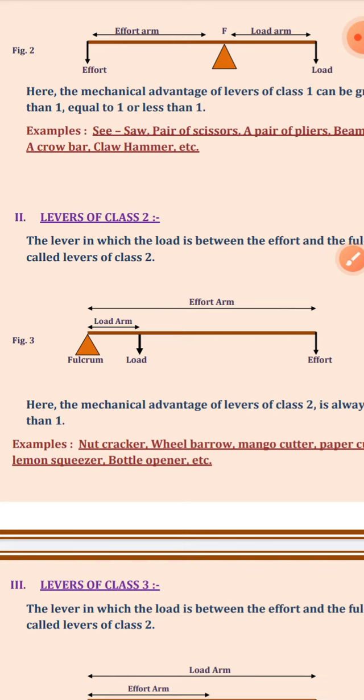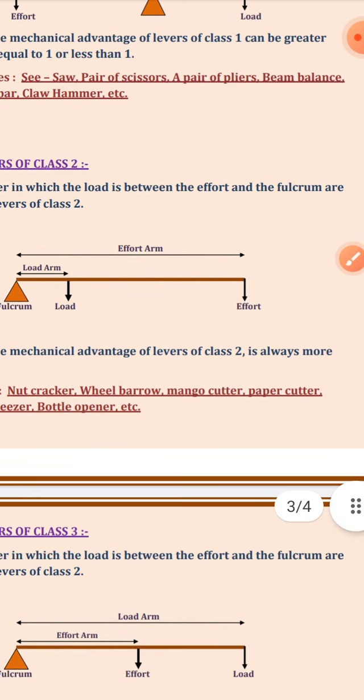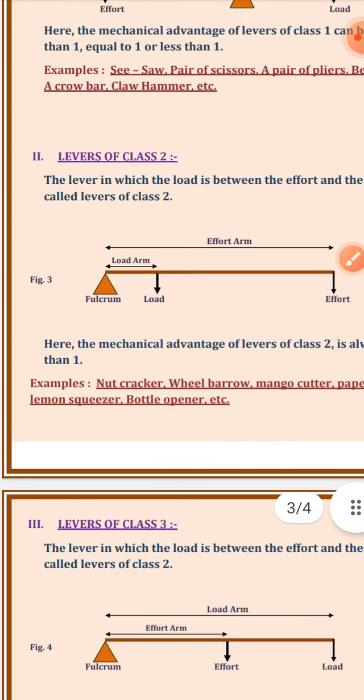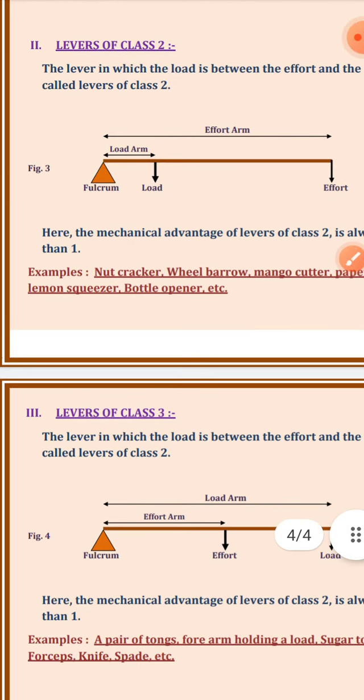I repeat, the distance between the effort and the fulcrum will always be more than the load arm, as the fulcrum and the effort are at both ends. So over here the mechanical advantage is always greater than 1, because the effort arm is more than the load arm. Some examples given are nutcracker, wheelbarrow, mango cutter, paper cutter, lemon squeezer, bottle opener, etc.